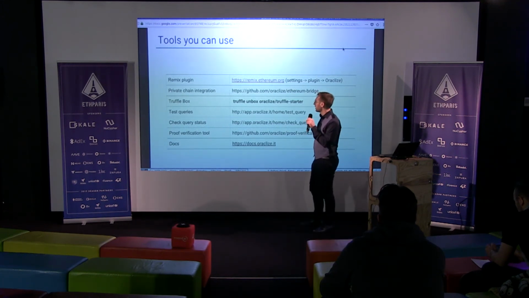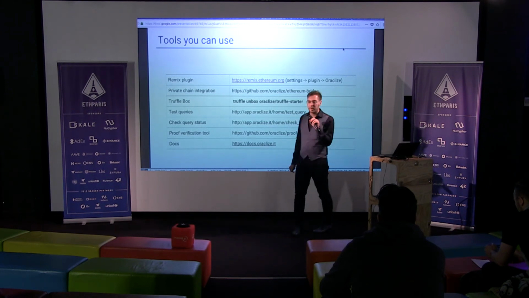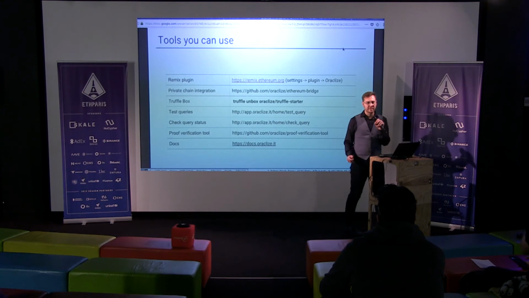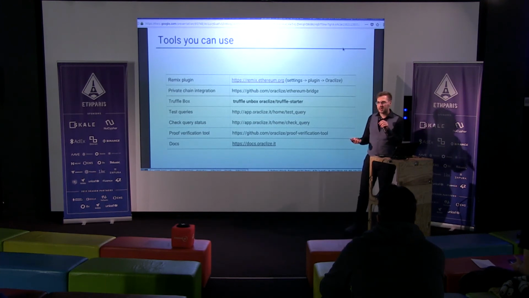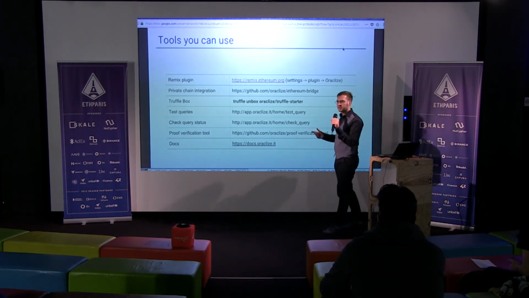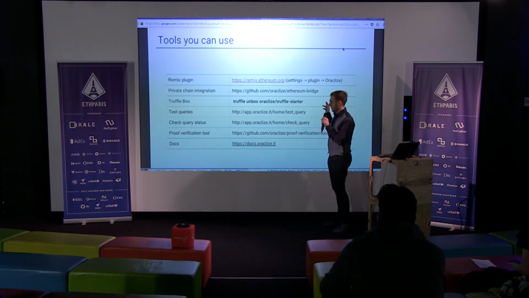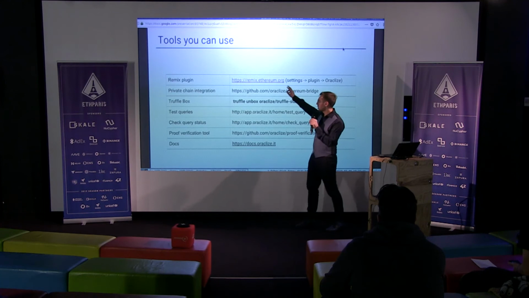So you can test the Oraclize-based contracts in any context without needing to change even a single line of code. It works in the same way as it would on the mainnet or on all testnets. We are integrated with all testnets. You can also use it just in memory.